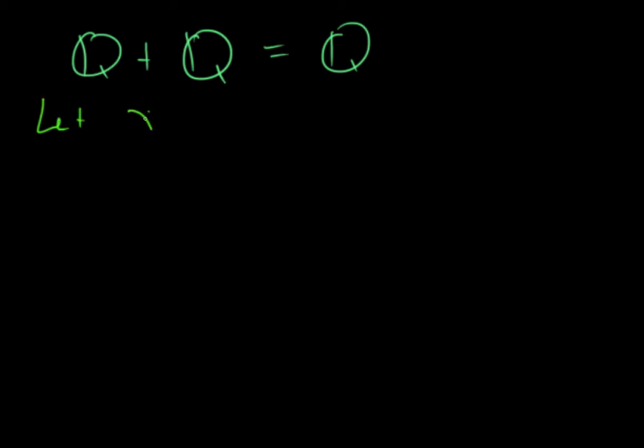Alright, now we need to prove that the sum of any two rational numbers is also rational. So essentially, this is not solid notation, but if we do rational plus rational, we will get rational every single time. So we're going to say let x and y be contained in the set of all rational numbers.